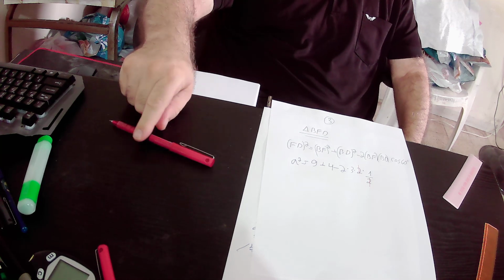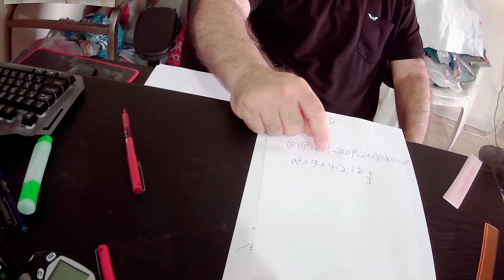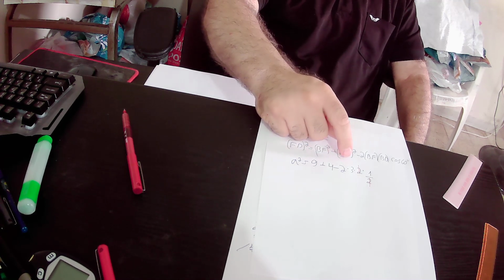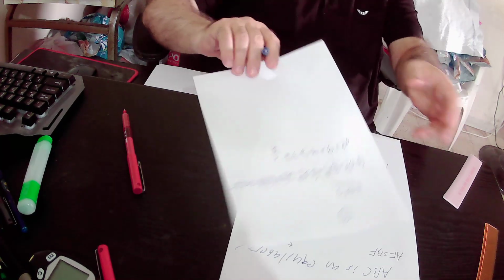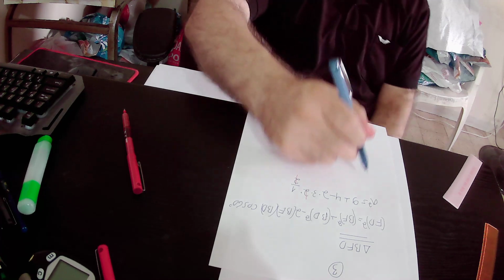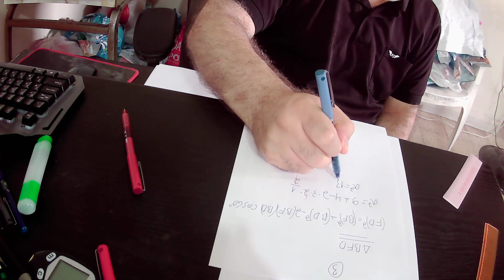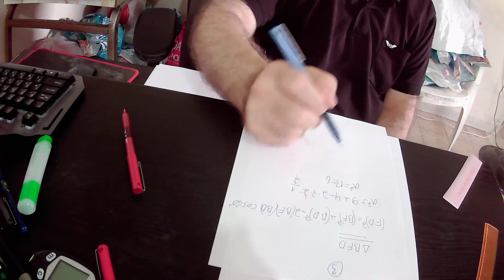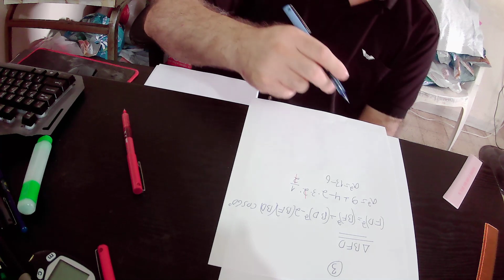So A squared equals 9 plus 4, which is 13, minus 2 times 3, which is 6. 13 minus 6 is 7.